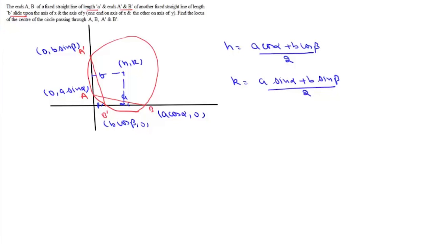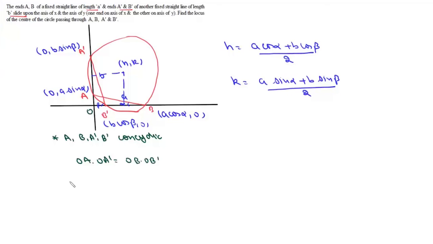And here we have one more thing to our help, and that is these 4 points A, B, A dash, B dash, they are concyclic. And if they are concyclic, then OA into OA dash must be equal to OB into OB dash.